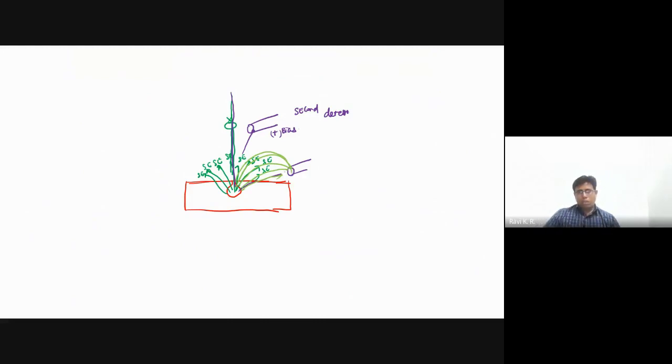So that is the reason we put it around 45 degrees. Now you put it here, it's easy, but still these electrons will not all go to the detector.